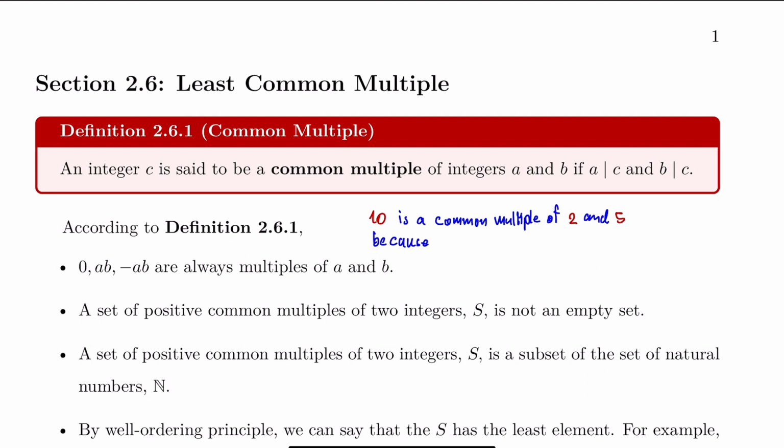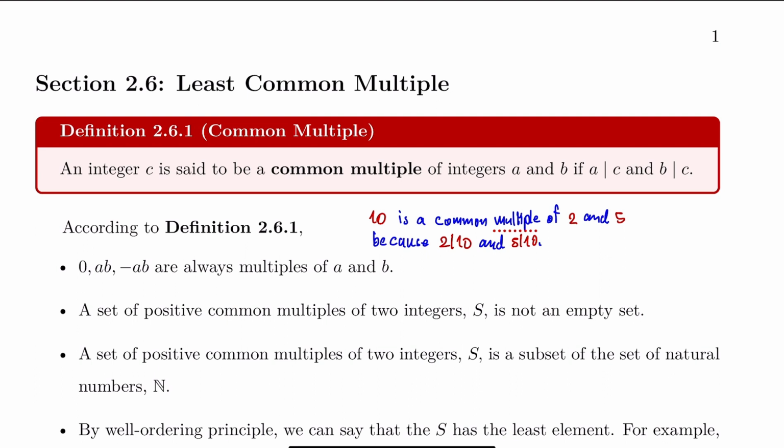Because both 2 and 5 divide 10. So 10 is a common multiple of 2 and 5. Do we have another common multiple? 20, right? 20, 30, 40, 50, 60, 70, and so on.